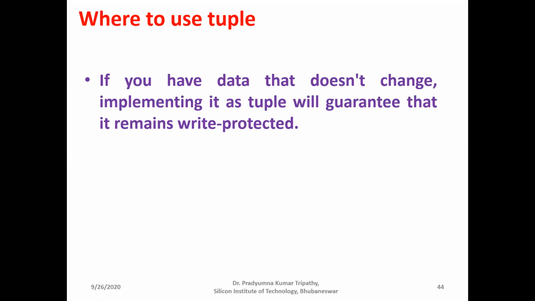If I want my data not to be modified, then I will use a tuple. By using a tuple, the data cannot be modified even accidentally. So it will make the data write protected. So we cannot alter the data.